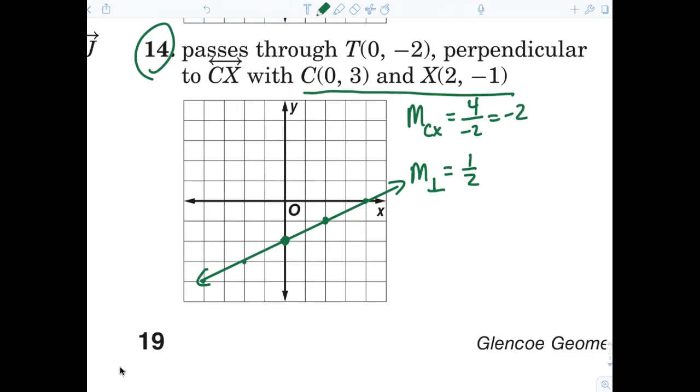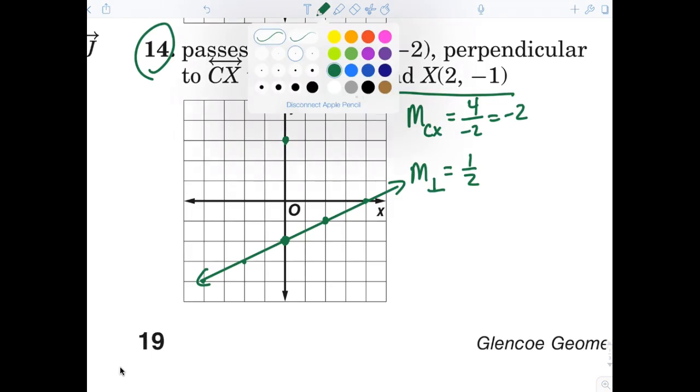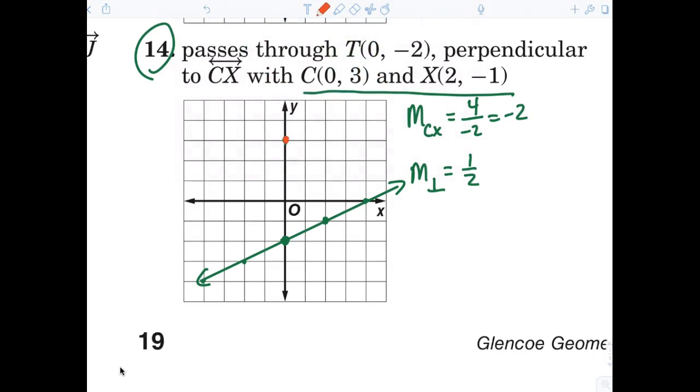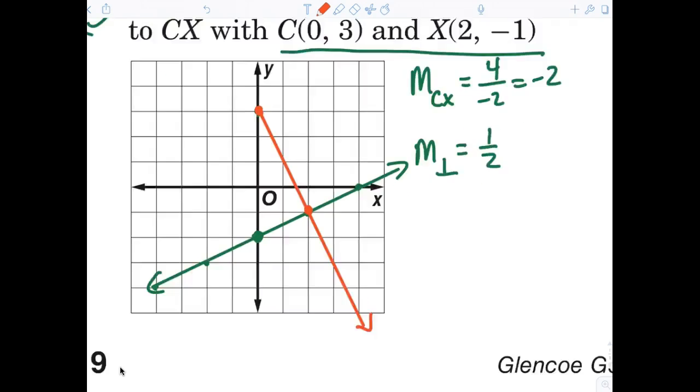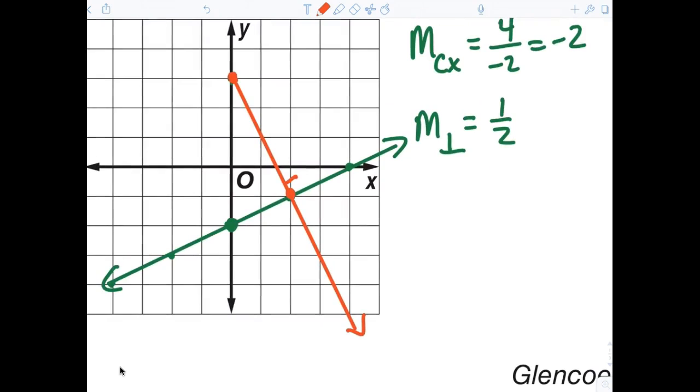So I'm going to do (0, 3), and then (2, -1). Now if I draw that line through those 2 points, what does it appear like they are? Looks like they're perpendicular to me. So that angle right there we would say is what?